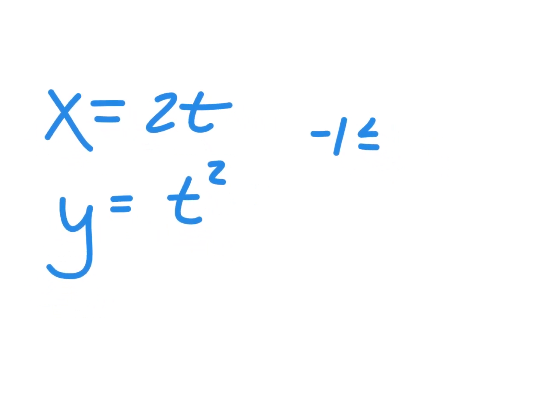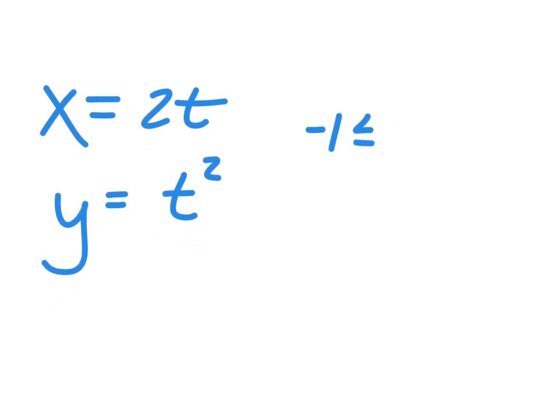Less than or equal to, keep going. x. Close. Or t. There you go. Keep going. And then less than or equal to 2. Good. So that rounds it out.